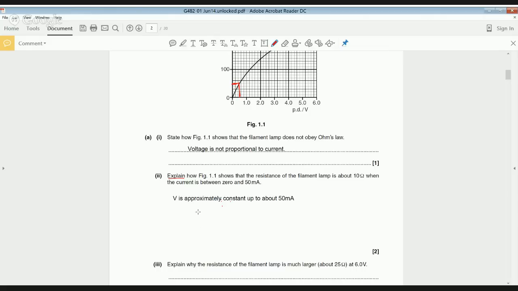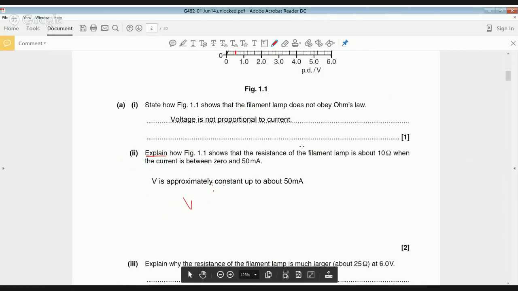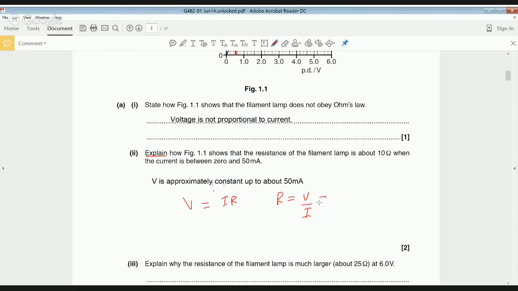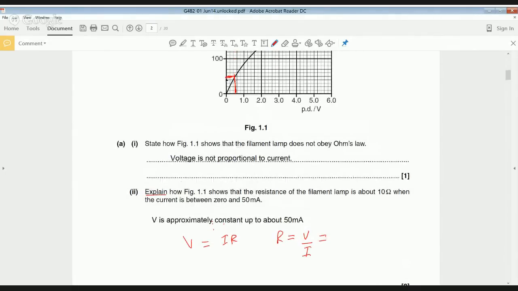We know that voltage equals current times resistance. So we'd rearrange that to get resistance equals voltage over current. Our voltage here, well, if we take the voltage when it is 50 milliamps, the voltage there is about 0.5 volts.